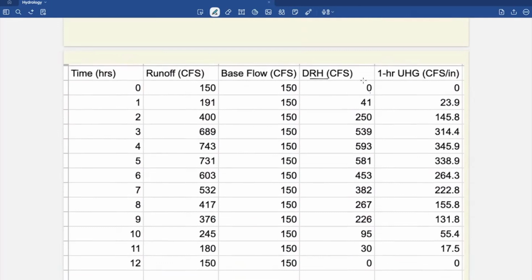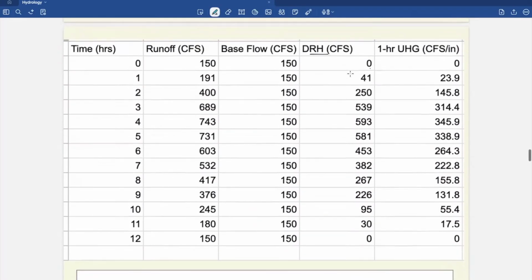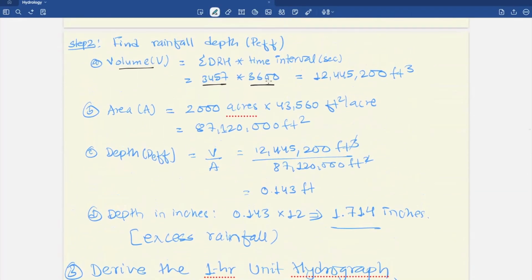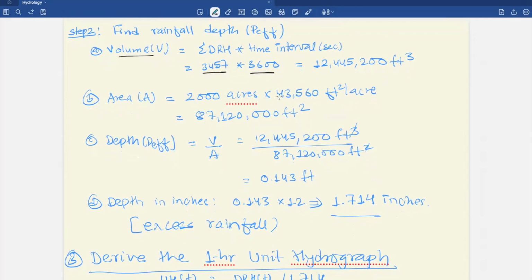This is 0, and then we subtract runoff minus base flow, and when we sum all these DRH, we get 3457 times 3600. So it will be around 12,445,200 feet cubed. And our area is in acres, so we need to convert that into square feet.